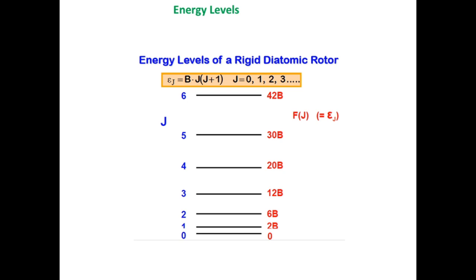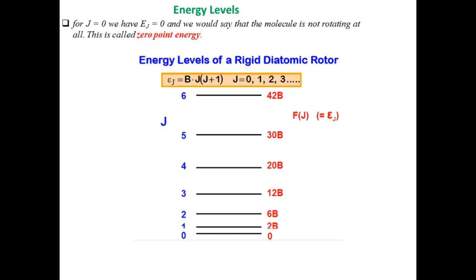So these are the rotational energy levels of a rigid diatomic molecule, and the energy levels are given by the expression epsilon j is equal to Bj into j plus 1.